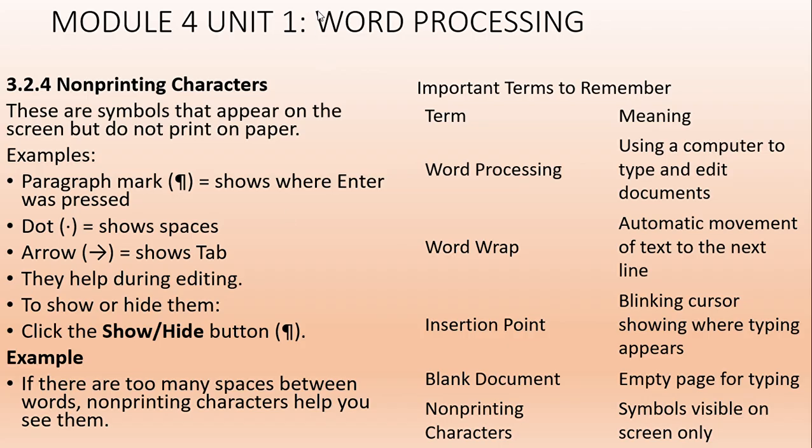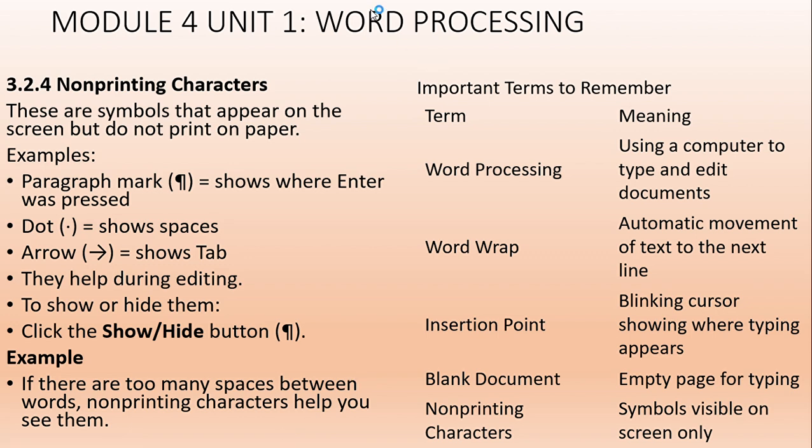So that is the importance of these non-printing characters. They will not print. When you want to print your documents, they will not show on the documents. Instead, you'll be able to see them on the typing area of your documents before you print. The moment you want to print them out, they will not show. So that's for these non-printing characters.